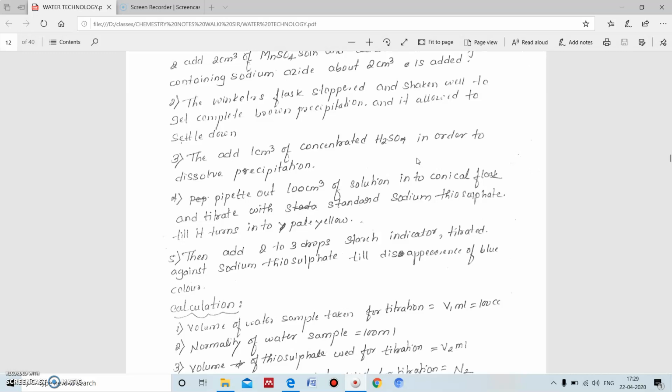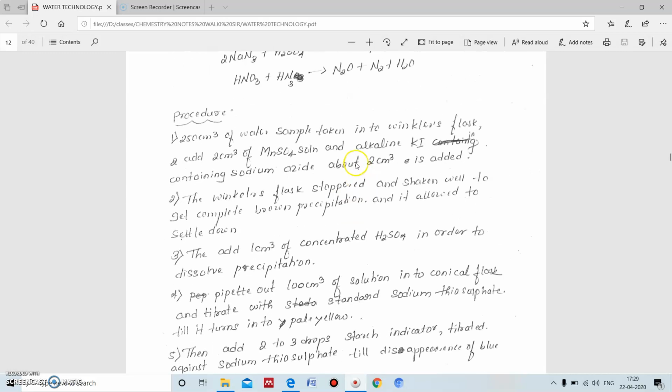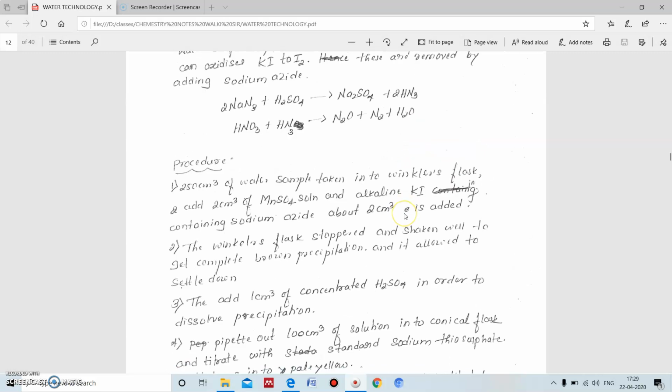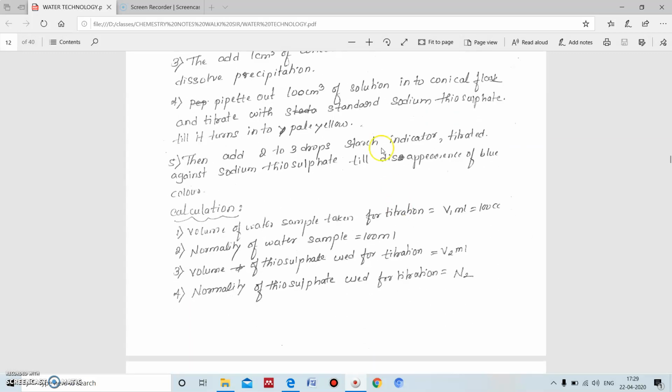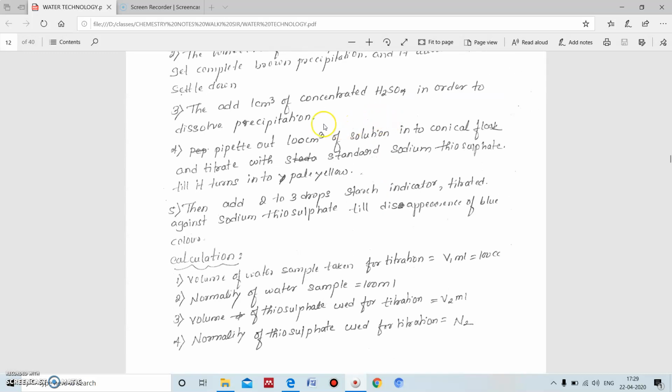This brown precipitate dissolves in H2SO4 because H2SO4 reacts with manganic oxide and produces manganese sulfate, water and nascent oxygen. And the nascent oxygen released reacts with potassium iodide, which is converted into iodine. And iodine is released here.